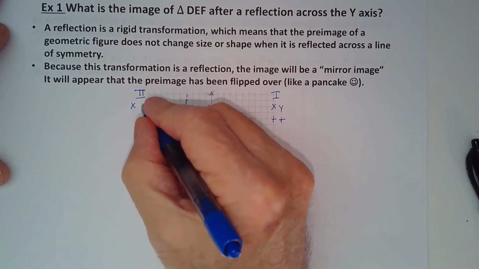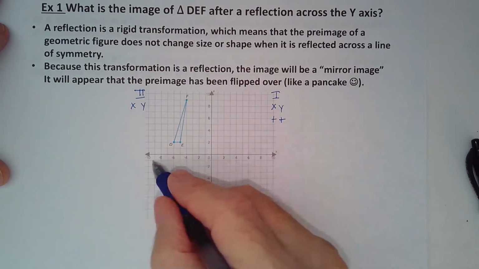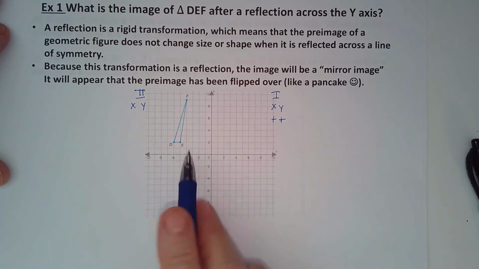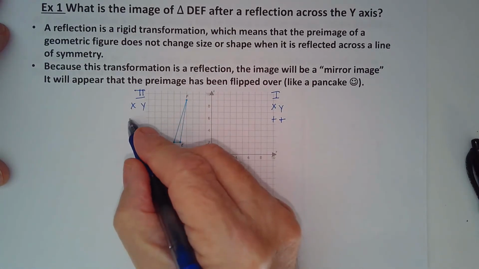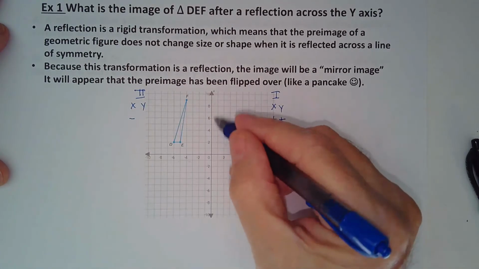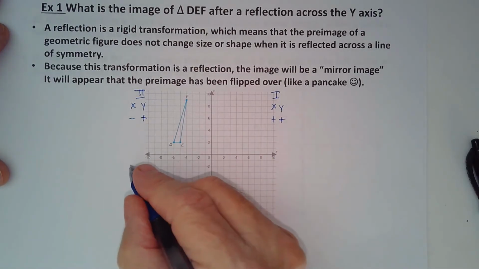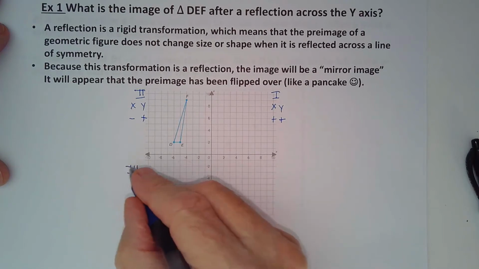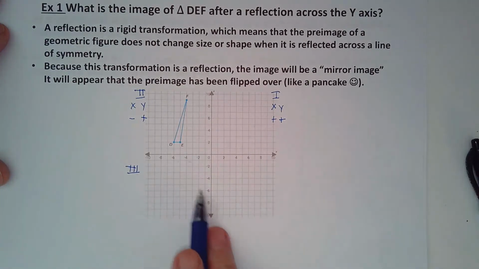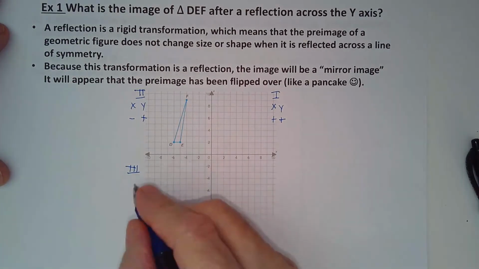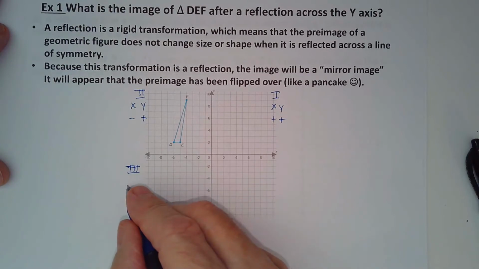Here, all of the X coordinates are negative on the x-axis, and the Y coordinates continue to be positive. And then down here, this is quadrant 3, where the X and the Y coordinates should all be negative.